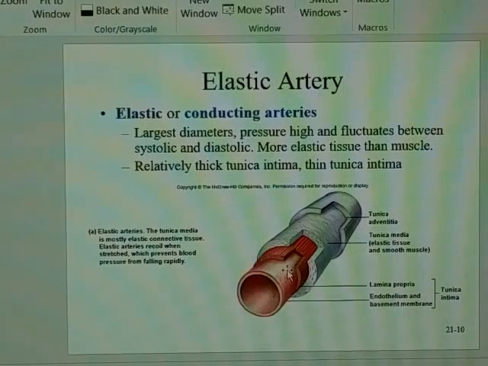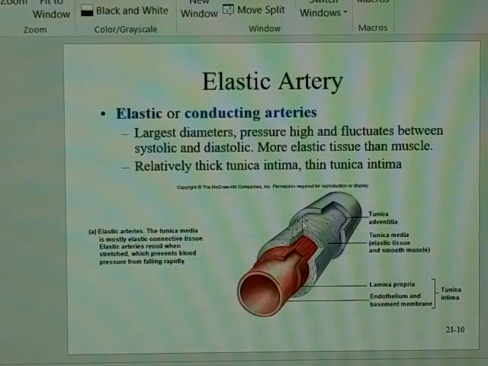The pressure will fluctuate between systolic and diastolic. They will have a lot of elastic tissue because they need to be able to expand and recoil with the pressure that's going to be going through them.